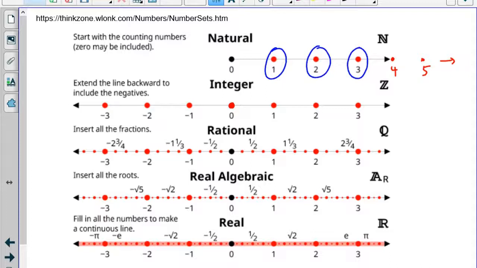Now, rational numbers start to include fractions. This is a little bit of a misnomer because there are way more rational numbers than you can see here. There are actually an infinite number of rational numbers between 0 and 1.